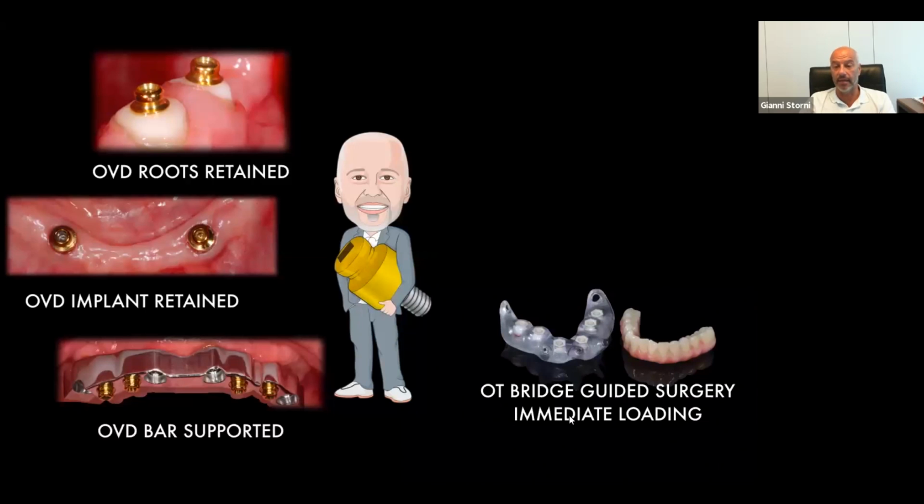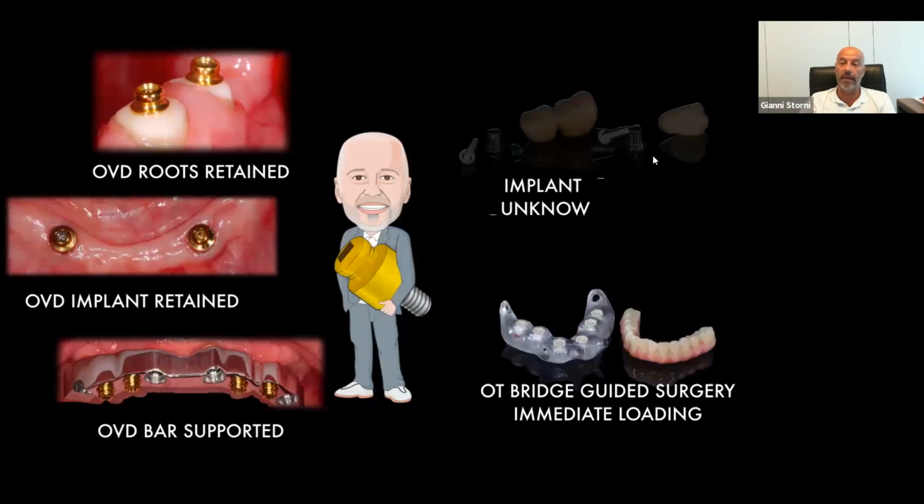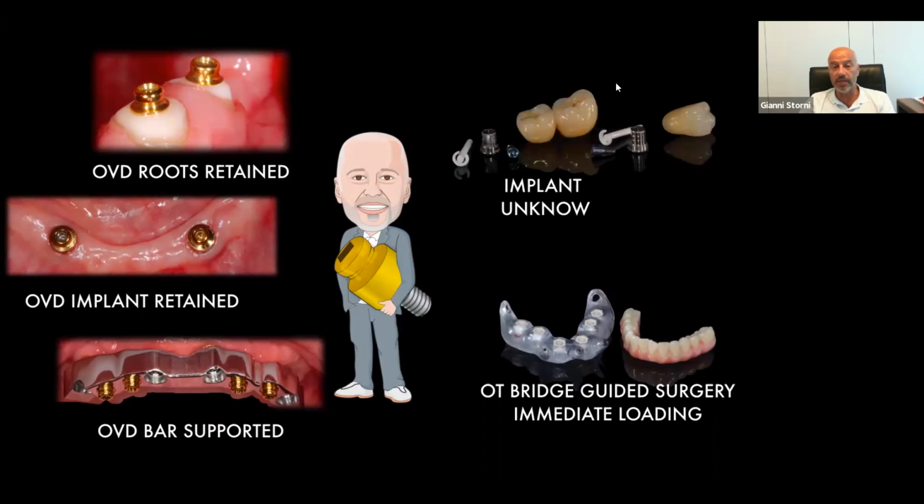Then we can show you bridge solution, so immediate loading using guided surgery. And finally, we can even do small bridge or complete bridge even over unknown implants. So the Equator system is very big and has a very wide range of use.